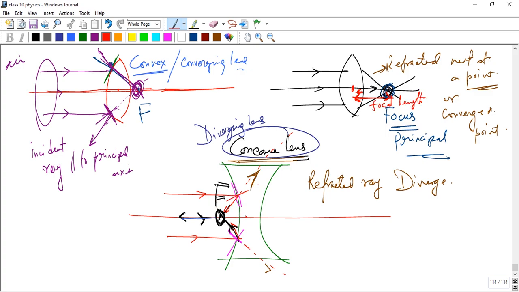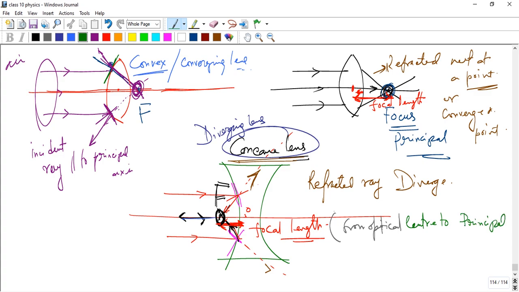From optical center to principal focus, it's called a focal length. And if you double the length, it's called second focus.